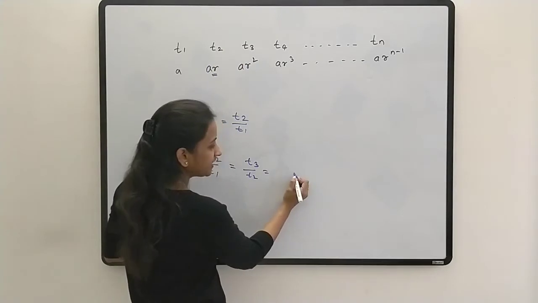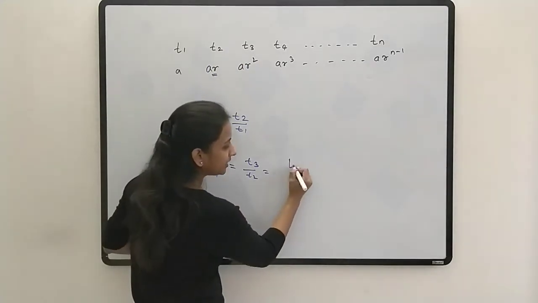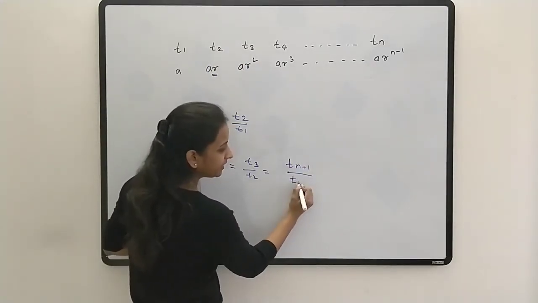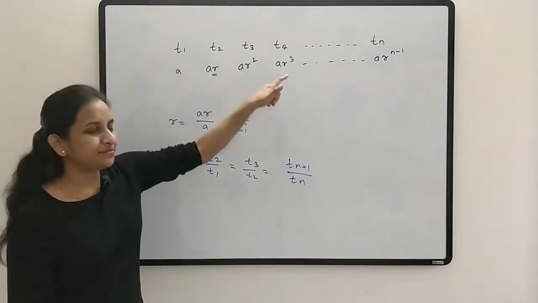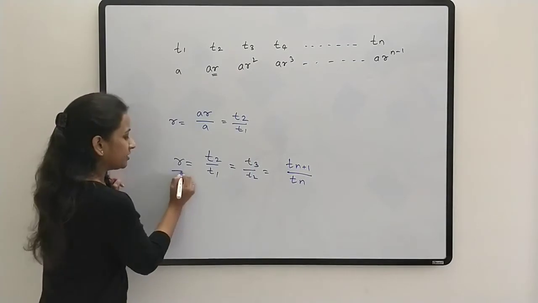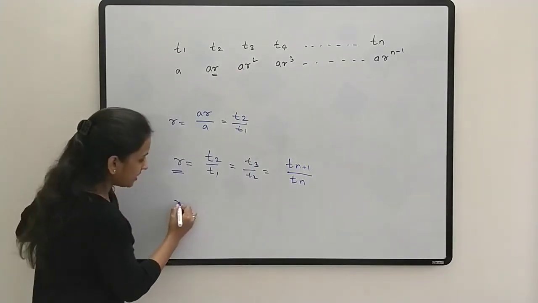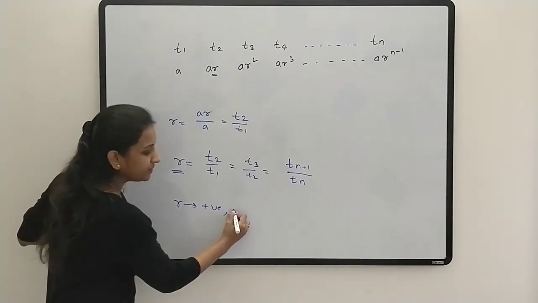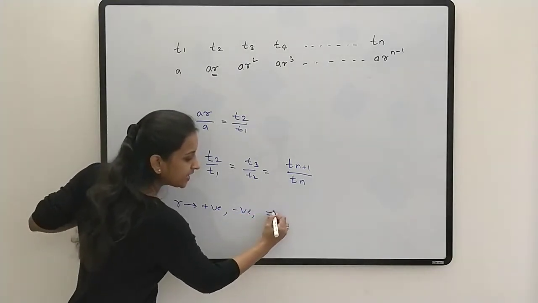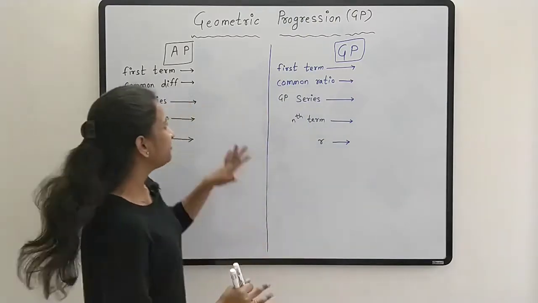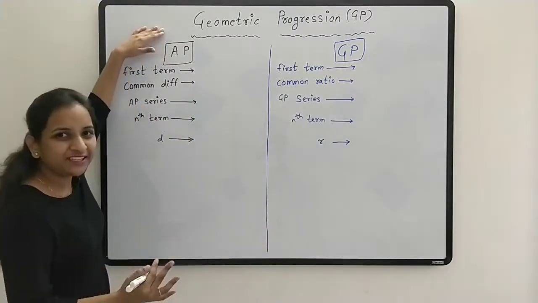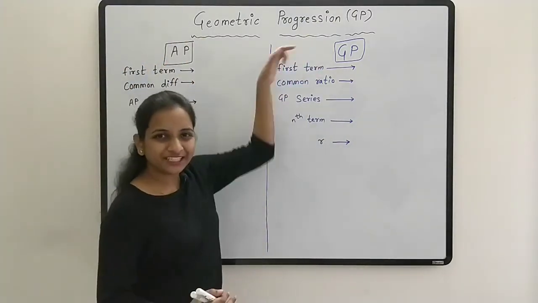So, generally we can say R is equal to Tn plus 1 divided by Tn, the ratio of any two consecutive terms in the GP series. Okay. Now, this R, the common ratio, can be positive, can be negative, but it can't be 0. Okay, understood?